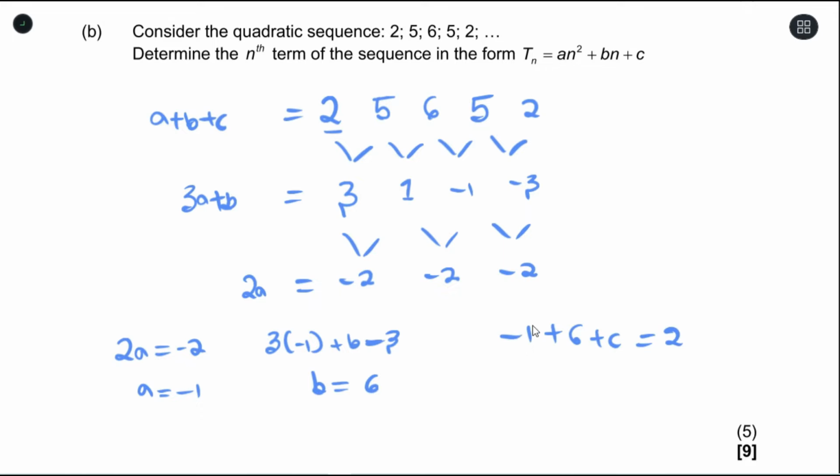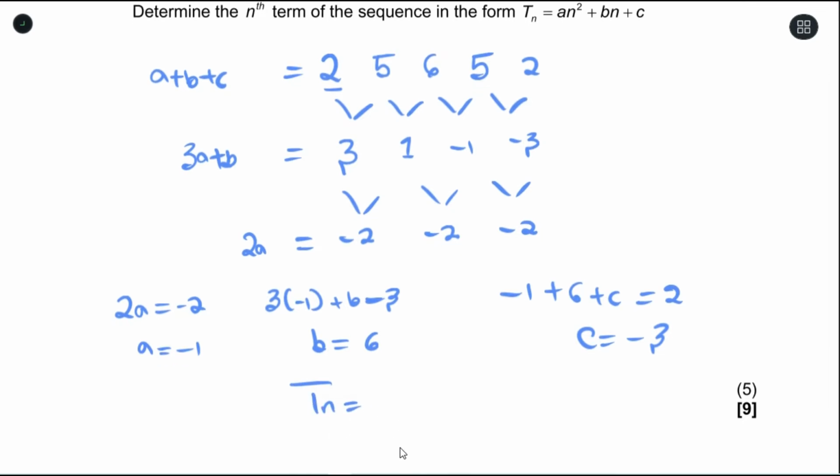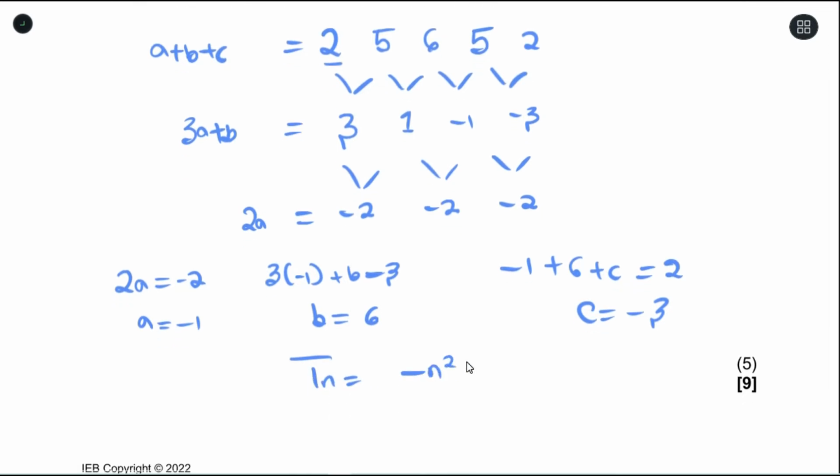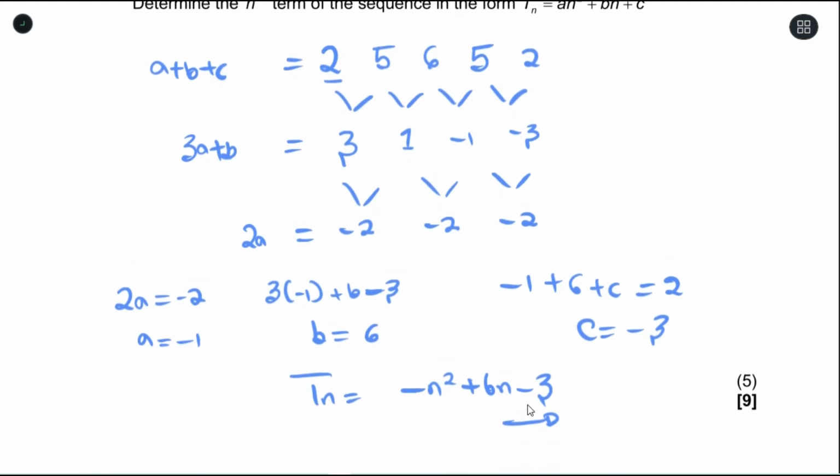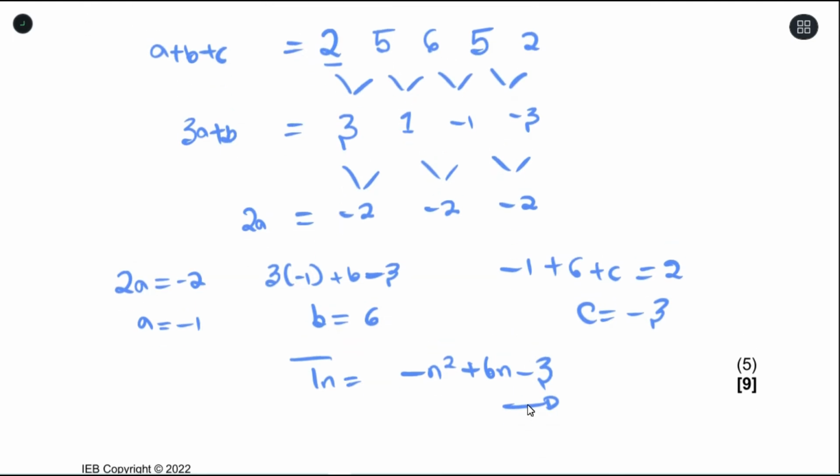So this is 5. 5 goes over, it becomes negative 5. So you have C is equal to negative 3. So our equation for Tn is negative n squared plus 6n minus 3. So that's the equation that will be given. Okay, so that's all they wanted from you for question 2, and that's it.